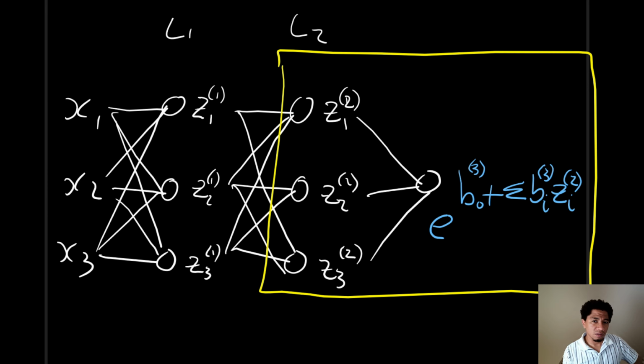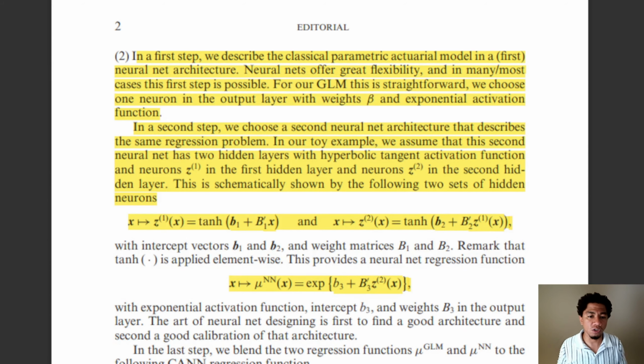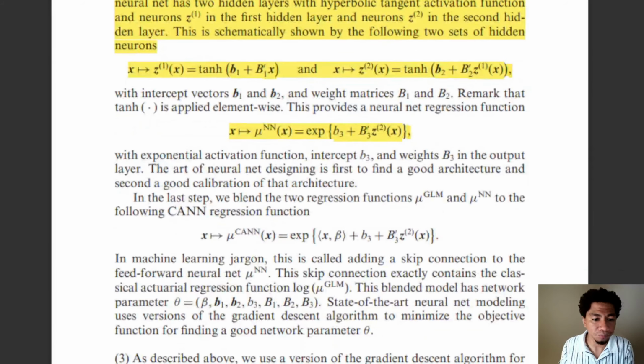And yeah, this is a neural network that the authors have described. And all you need to do is then define the loss function as a deviance loss, and you train your neural net. Like an example illustration to show you what the authors meant here.